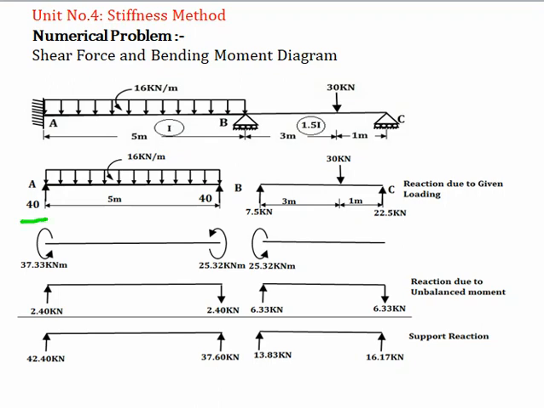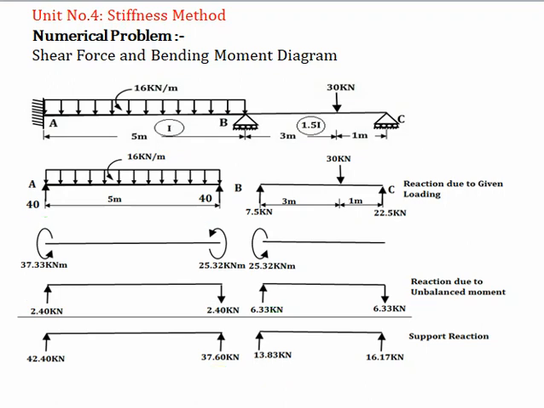So 40 up plus 2.40 up, you will get 42.40 kilonewton, plus 40 minus 2.40, you will get 37.60 kilonewton, plus 7.5 plus 6.33, you will get 13.83 kilonewton, plus 22.5 kilonewton minus 6.33 downward, you will get plus 16.17 kilonewton upward. So these are the reactions or shear forces at the ends of AB and BC span.